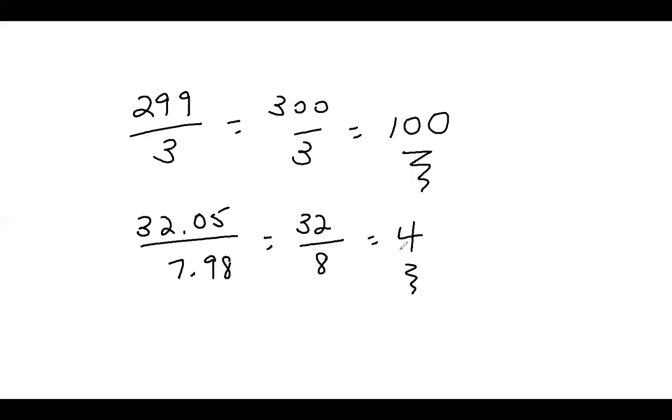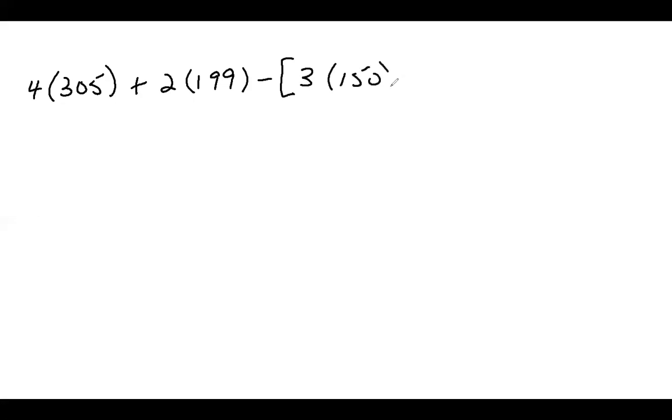Close enough, we're good. Okay, let's look at a type of calculation that you will be doing in AP Chemistry when we do thermodynamics. Something like 4 times 305 plus 2 times 199 minus 3 times 150 plus 439.